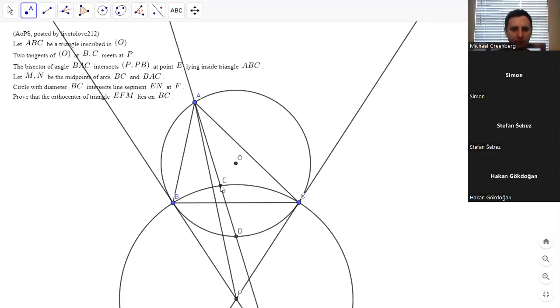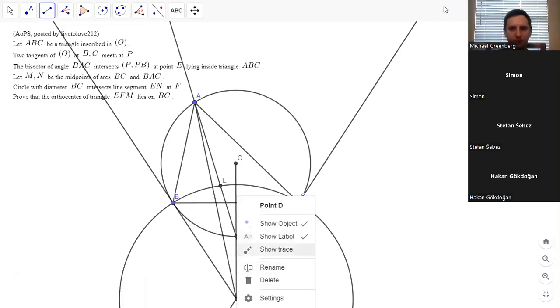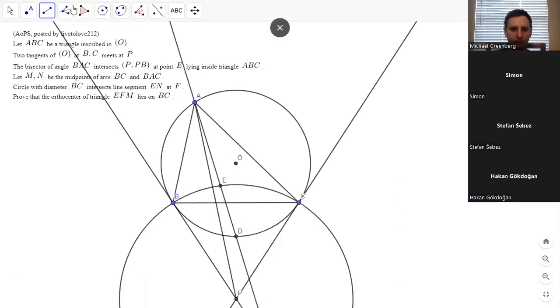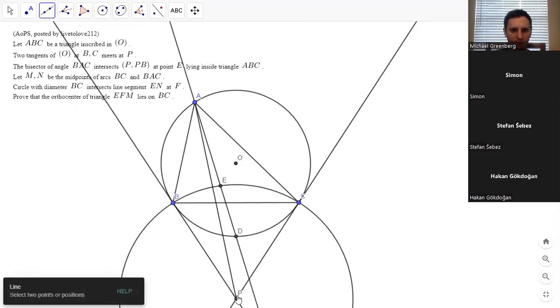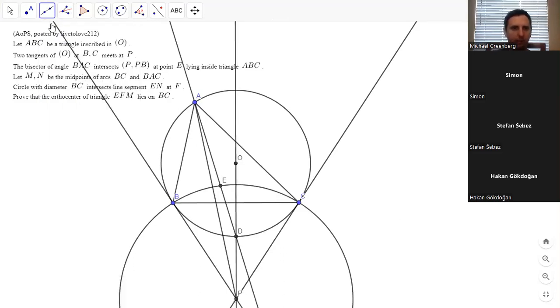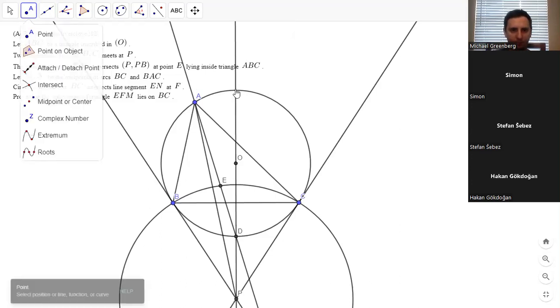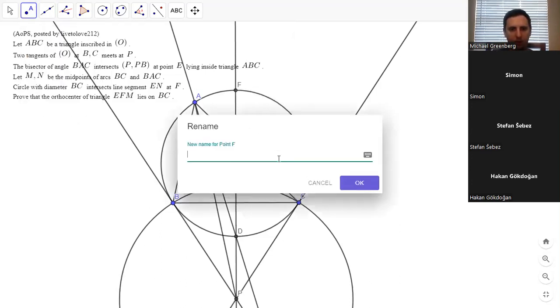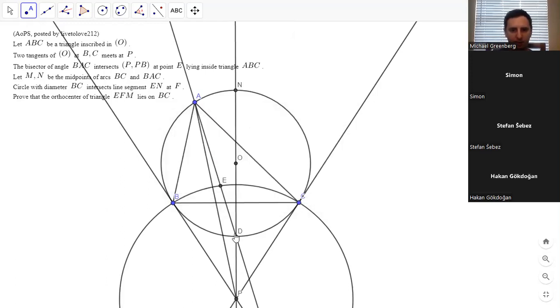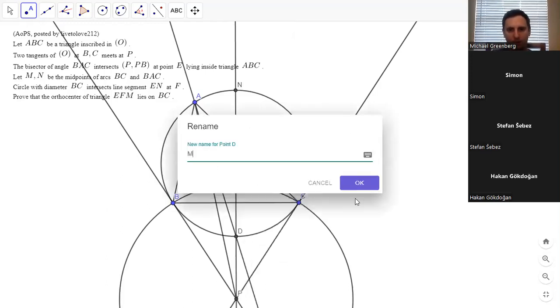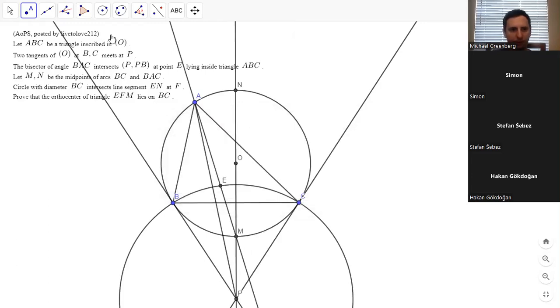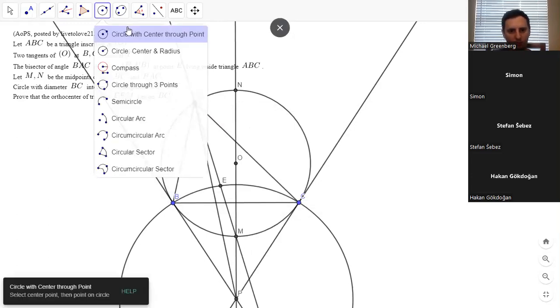And then these are collinear, obviously, O, D, and P. Okay, M and N are the midpoints. So this should be M. So let's make this a line instead. And these will be M and N. This is M. And the circle with diameter BC, which we can draw like this.